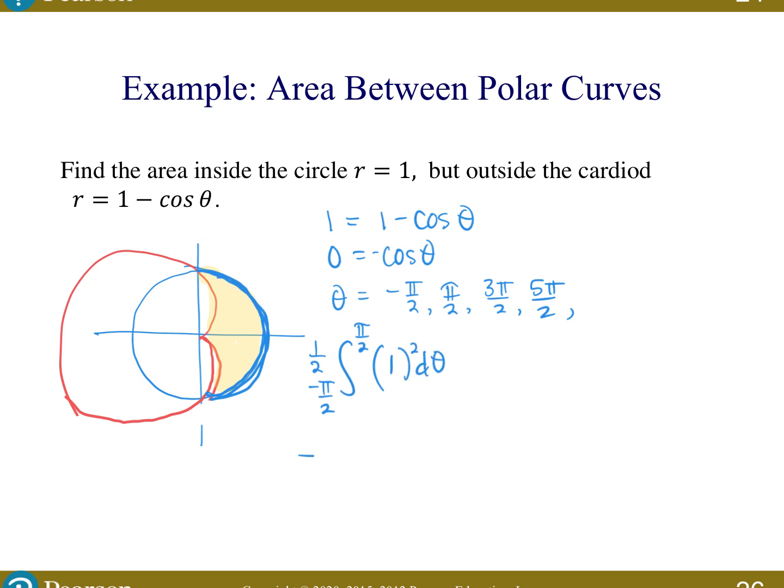And then I want to subtract from that the same bounds for what's forming the inner edge, which is (1 minus cos theta) squared d theta. So that's the setup. They both have 1/2, so you could save your 1/2 till you were done. You do the subtraction of the outer parts, and then the subtraction of the inner parts that you want to take away.